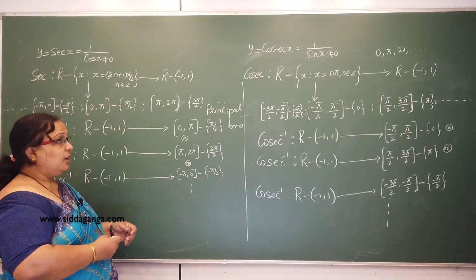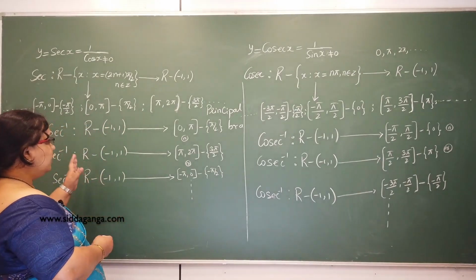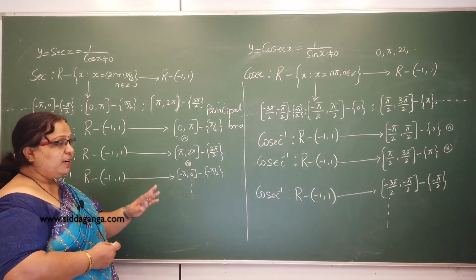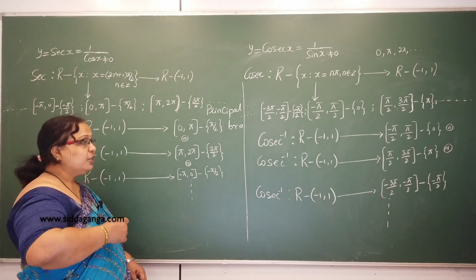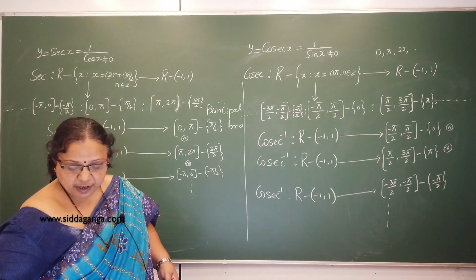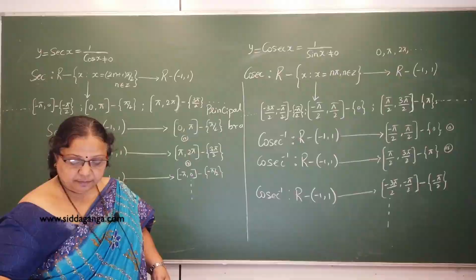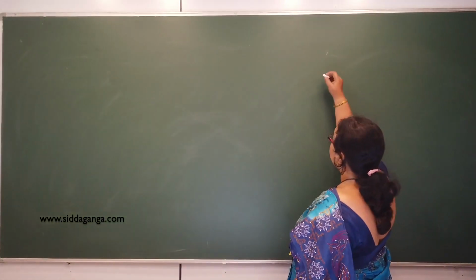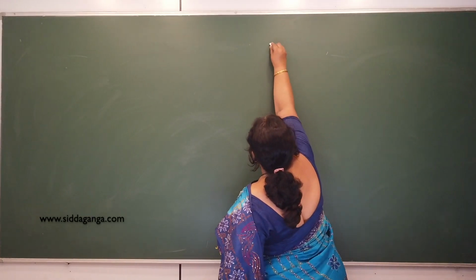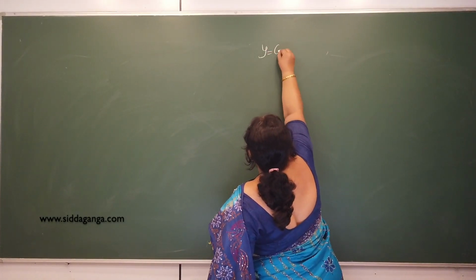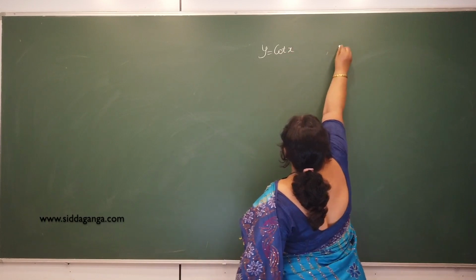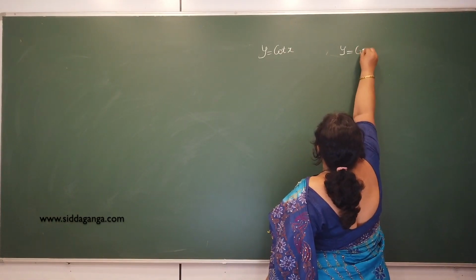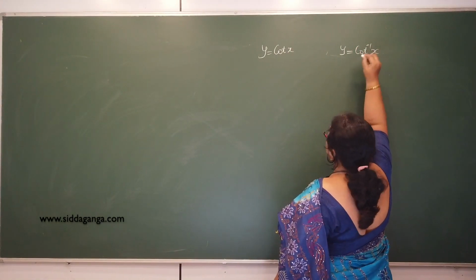We have to draw the graph of these 3 functions. 3 functions are remaining, so let's draw the graph of those 3 functions. We are going to draw the graph of y equal to cot x and its inverse, that is y equal to cot inverse of x.